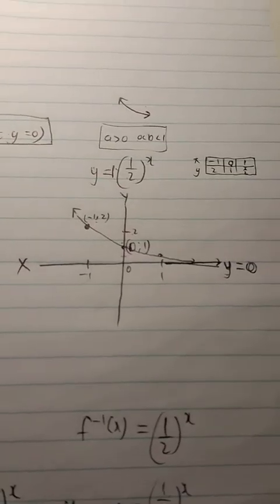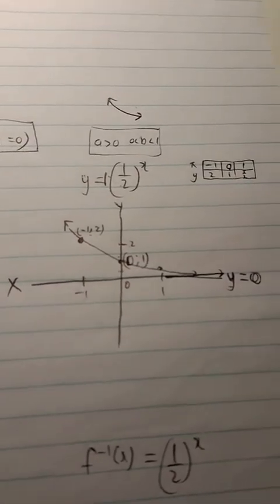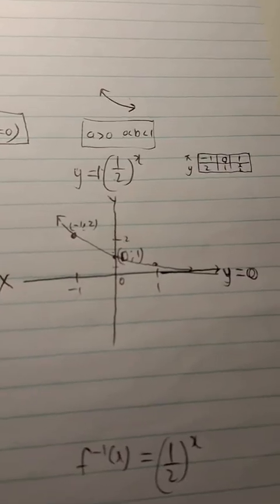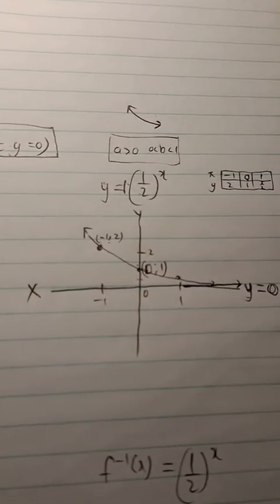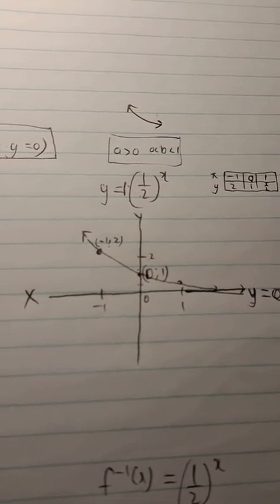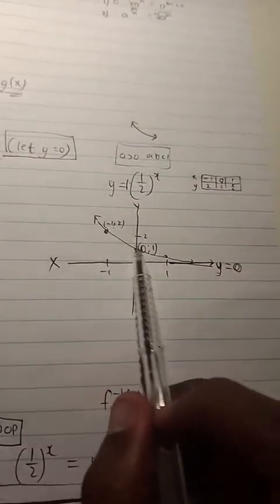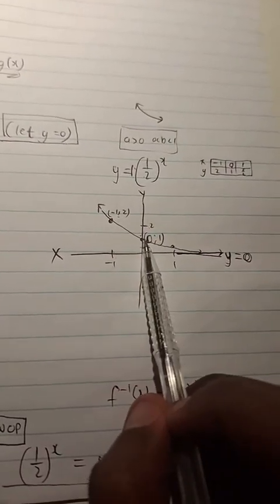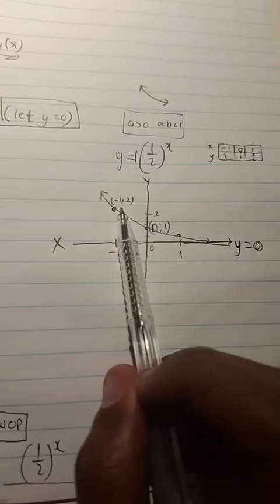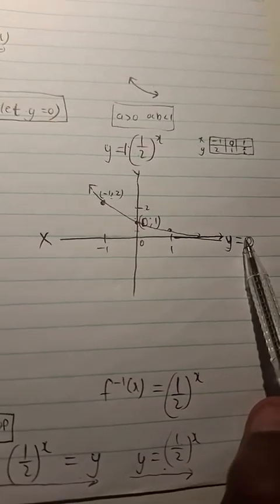That's my sketch. You would use your pencil and make sure that your sketch is flowing, and you would make it neat and tidy so that you get your 3 marks: 1, your shape; 2, your x-intercept and your one other point; and 3, labeling your asymptote.